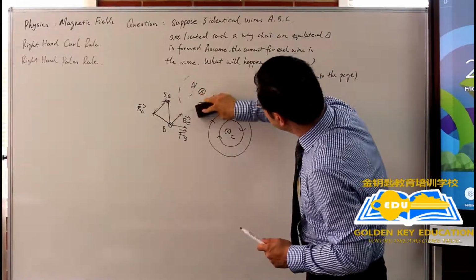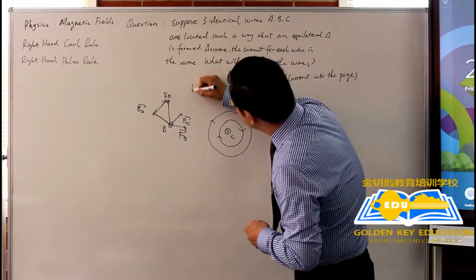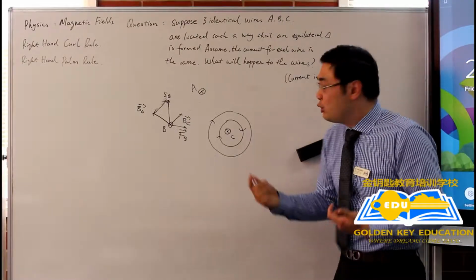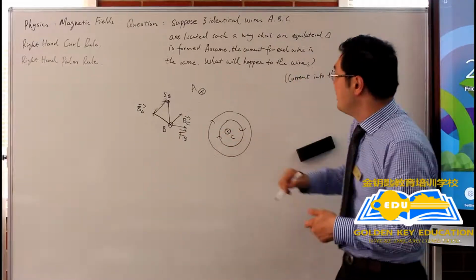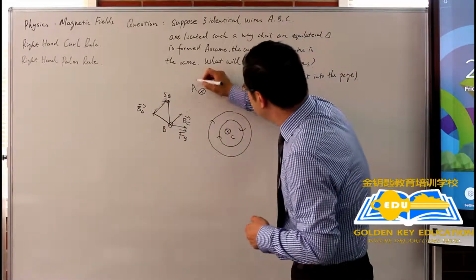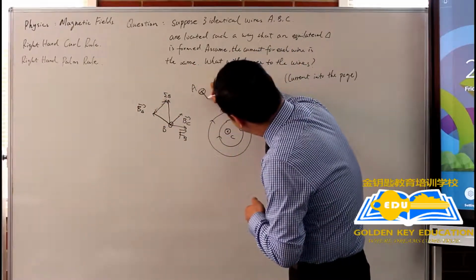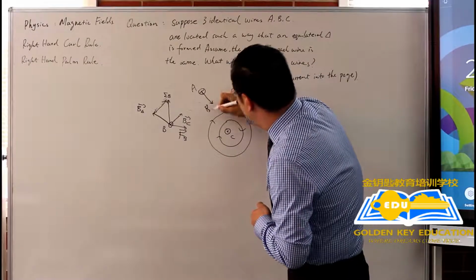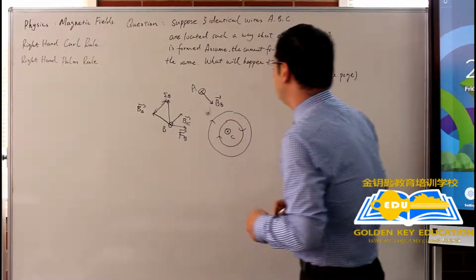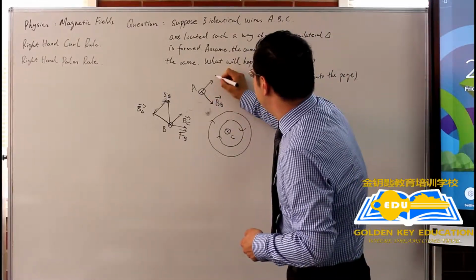For wire A, for example, maybe in this case we'll just clean this one up. Okay. So what really happens is that wire A will be exerted by a magnetic force due to the existing fields from B and C. So B is also in the clockwise direction, so if you try to graph it, it will be pointing this way when it goes through wire A. Okay, so we try to write it: the magnetic field due to wire B, and then similarly, due to wire C, it will be going this direction.